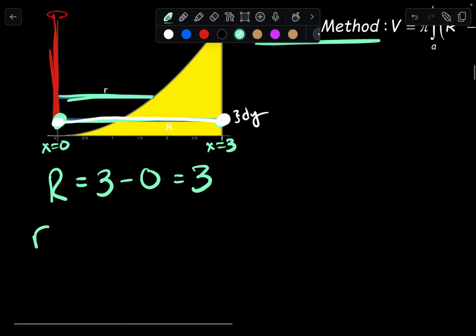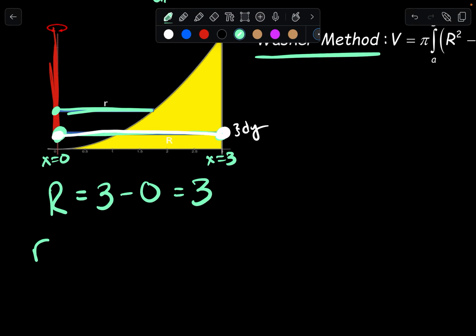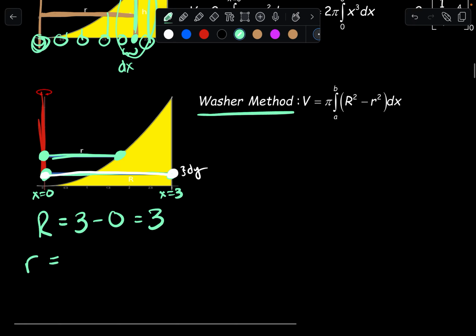However, with the little r, we are using an expression. So it's going to start from the axis of revolution to where the shaded region starts, and then we are going to do right minus left. So the right side is x squared, y equals x squared. However, we are going to be integrating with respect to y, so I'm going to use the square root of y. Remember, that's what we found in the previous problem.